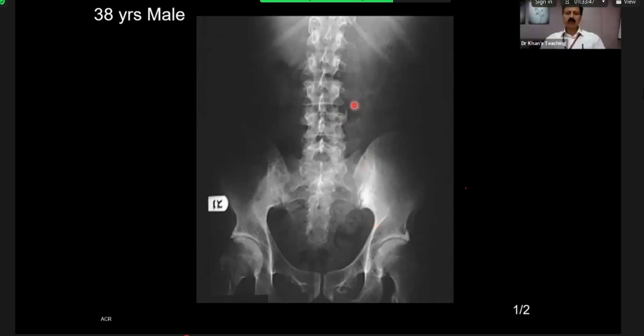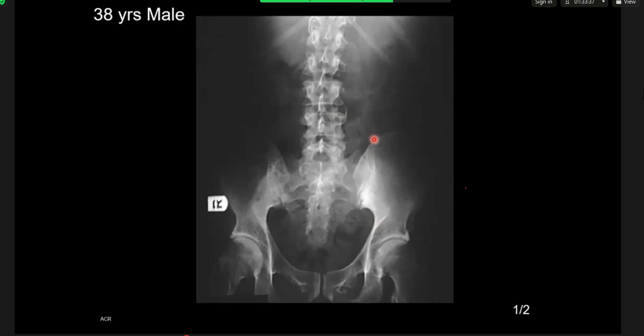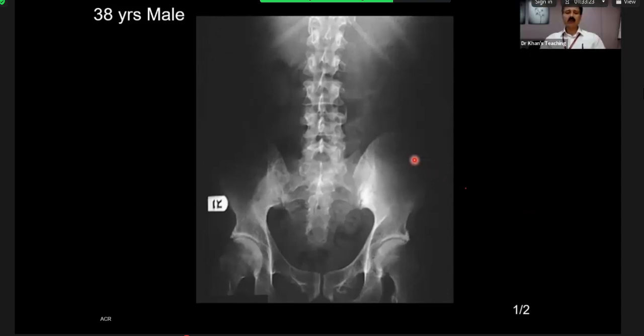Ankylosing spondylitis will show you this finding. No, but that shows syndesmophytes throughout the whole of the spine. But psoriasis is my first differential. Okay, candidate 4, thank you. I'll mute you, and candidate 5, you be mentally ready.